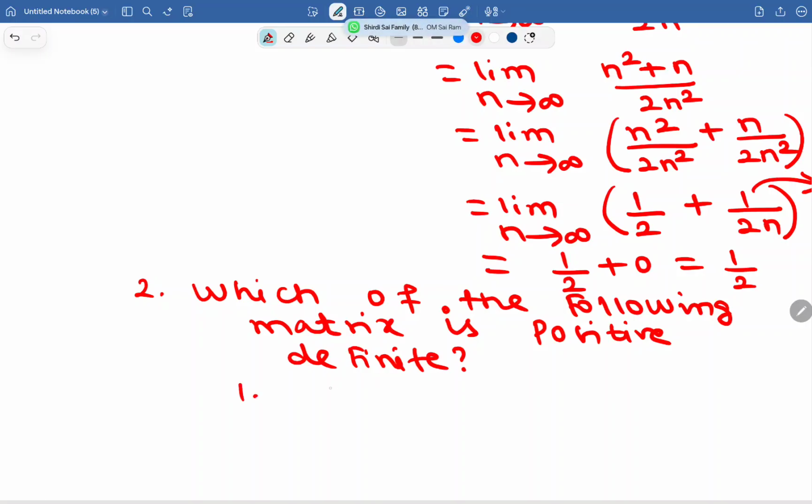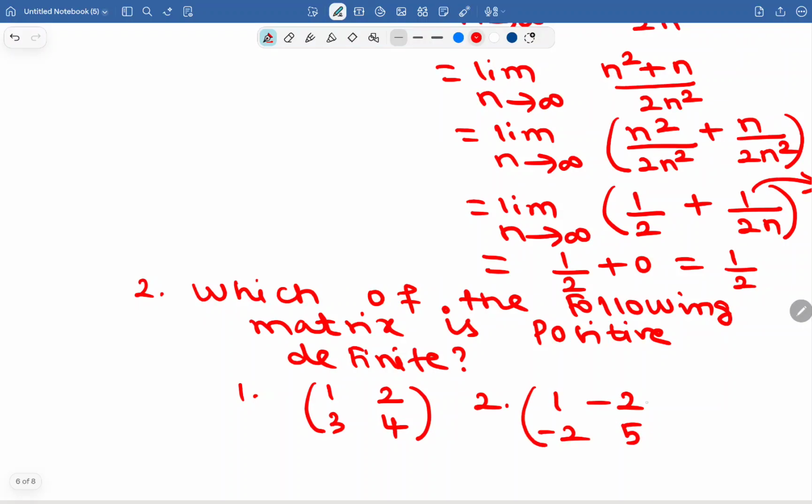First option 1 2 3 4, second option 1 minus 2 minus 2 5, third option 1 minus 2 2 5, fourth one 1 0 0 minus 4.